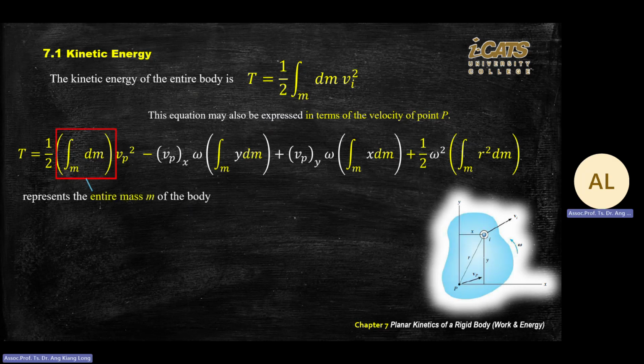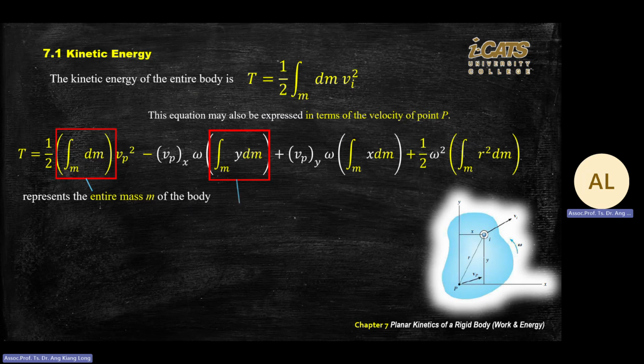What you need to know is the effect of mass. The first one, half mv squared, you learned in your statics or physics class. In secondary school you ignore the rest and only do half mv squared. This one represents the entire mass effect.